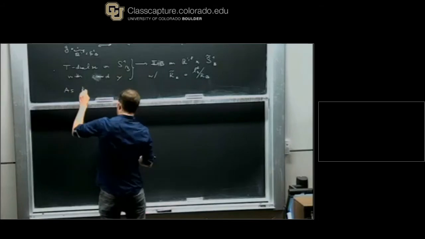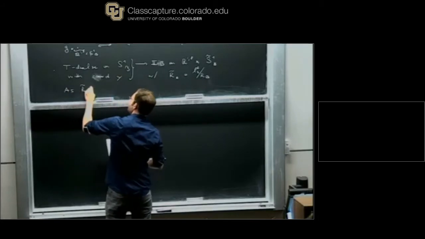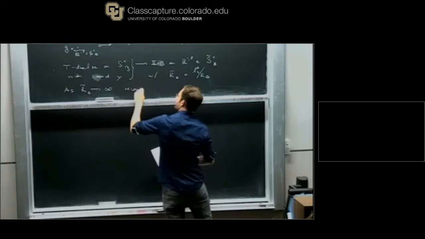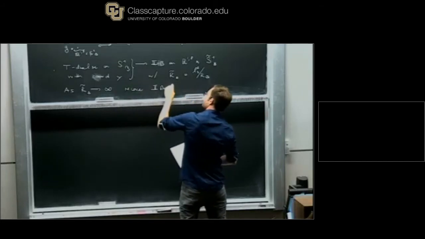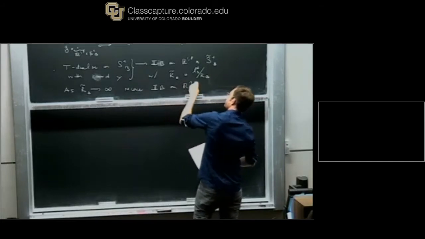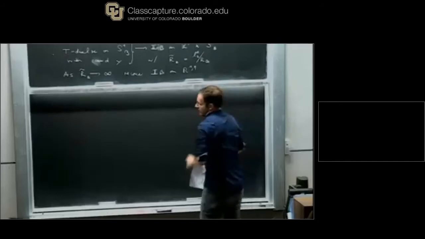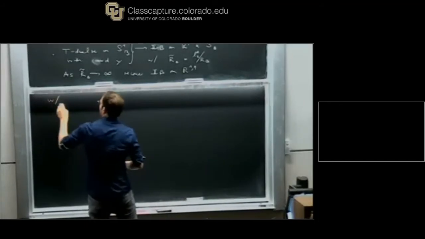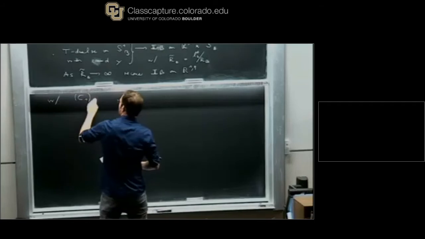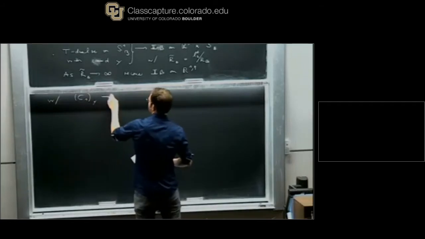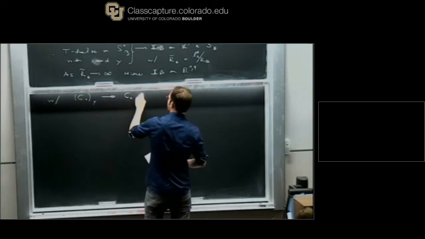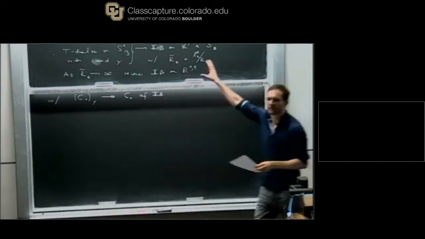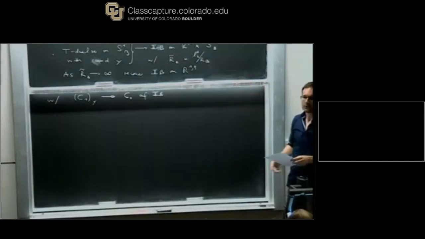So as R_B tilde goes to infinity, we therefore recover type IIB on R^9, where C1 in the original y direction becomes C0 of type IIB. And also the other fields transform in the usual way under T-duality.